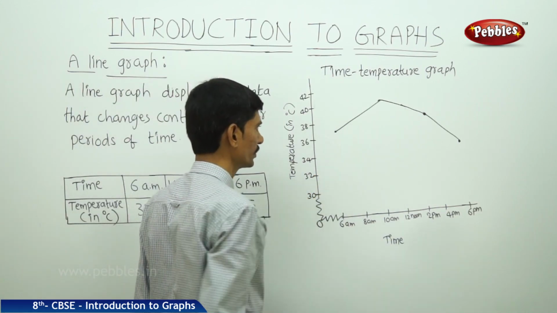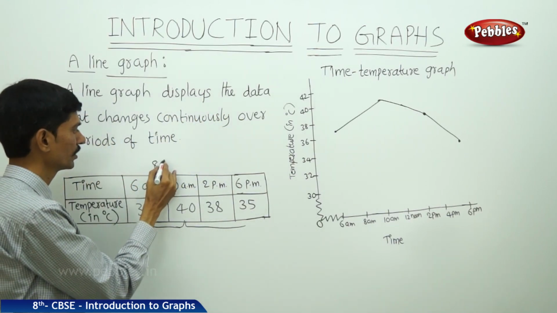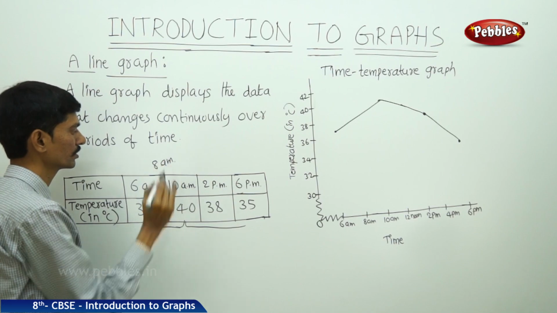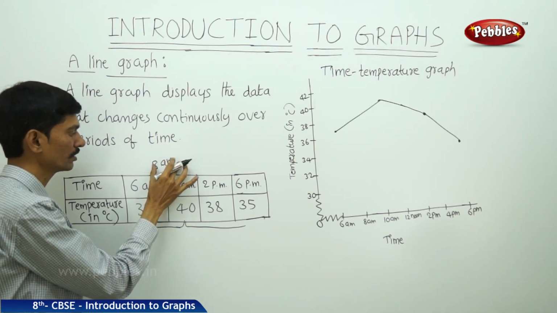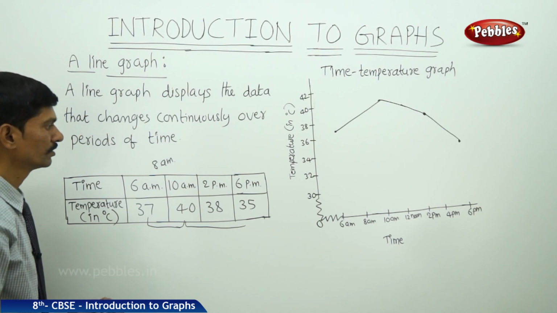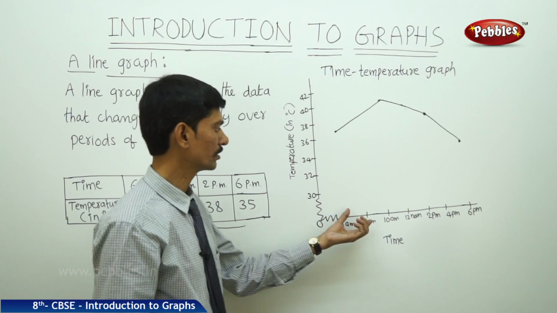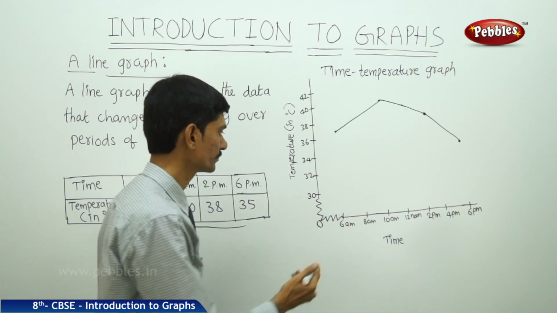Now if you want to find the temperature at 8 am, actually it is not given in the table, it was not recorded. So we can find the temperature at 8 am from the graph.